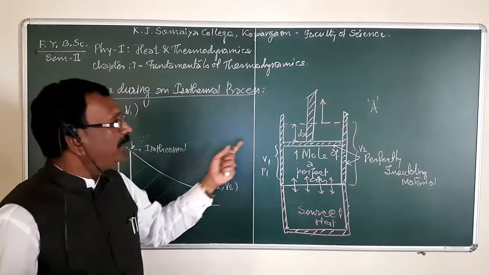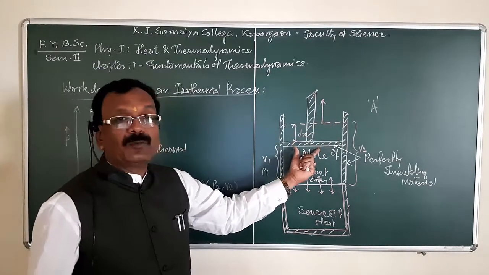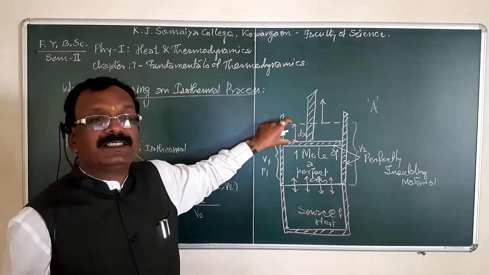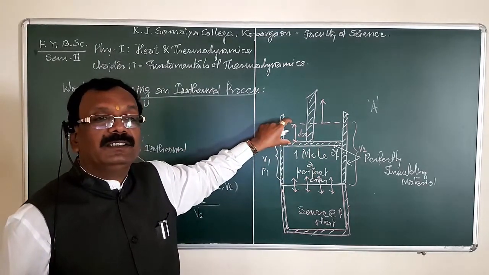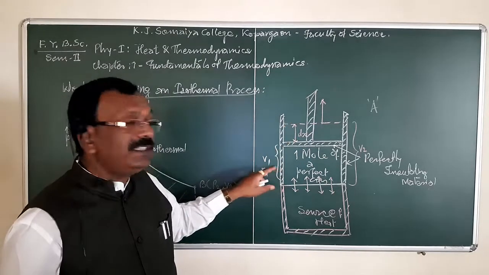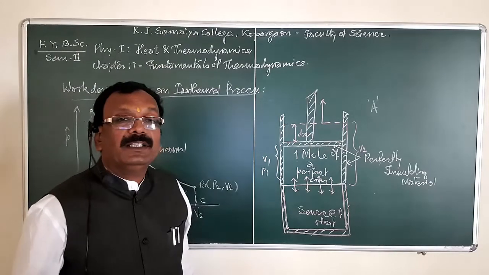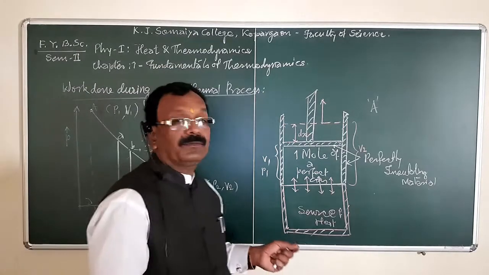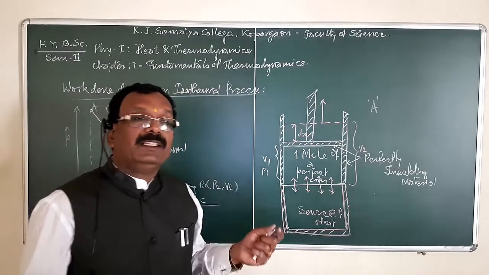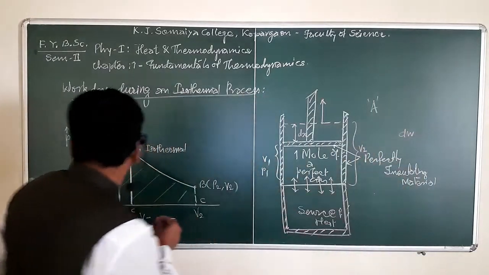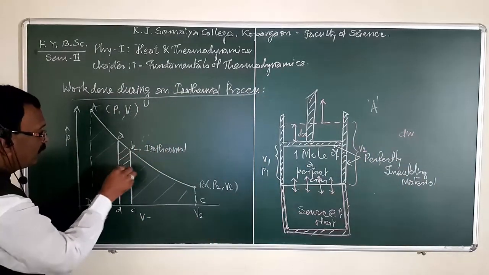Now here, if A is the area of the cylinder of the piston and it moves through a small distance dx, so that the volume changes by dV, then the small work done by the gas is given by dW. This is for this change.